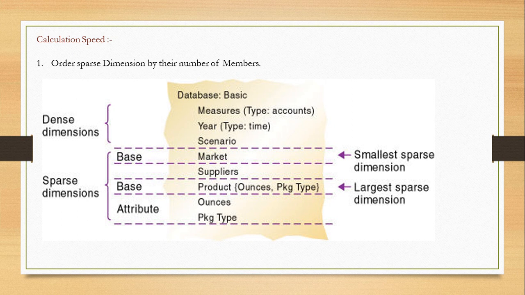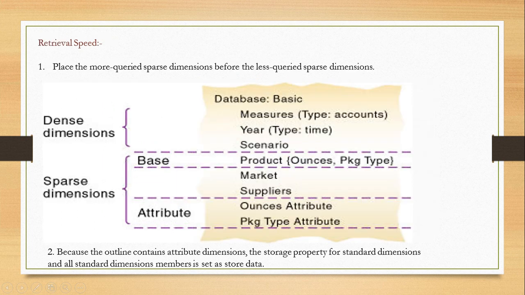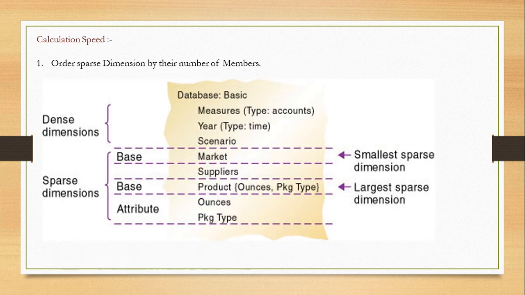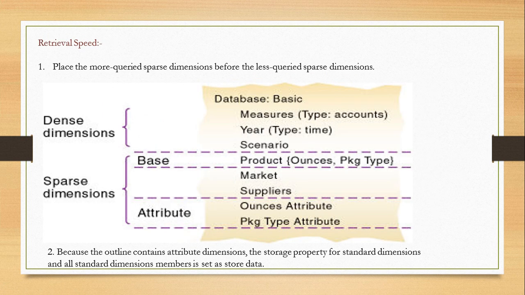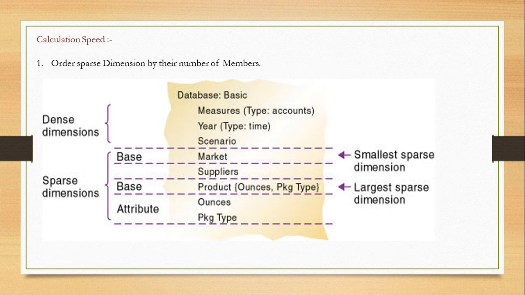So if we see here the same sparse dimensions which we saw in the previous example for designing for retrieval speed, we can see the market followed by suppliers and then product.